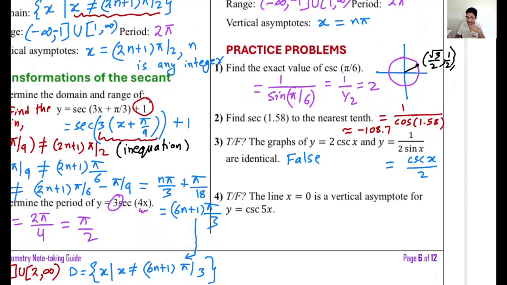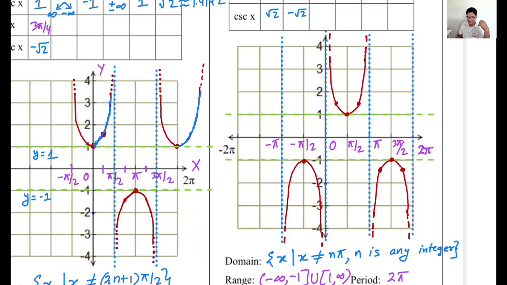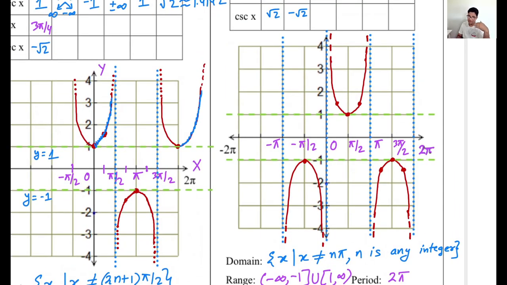Next, the line x equals 0 is a vertical asymptote for y equals cosec 5x. The line x equals 0 is general knowledge here. x equals 0 is the equation of the y-axis. Is the y-axis an asymptote of cosec x? Yes, right? At 0, sine 0 is 0, so cosec 0 is undefined.